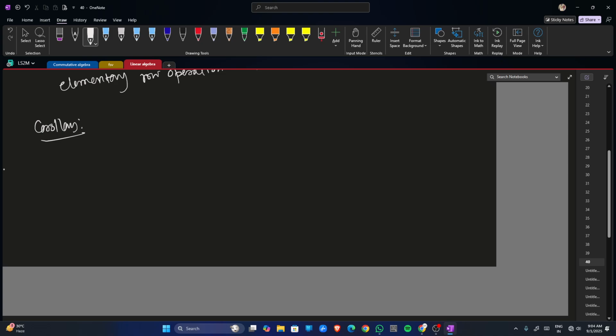Corollary. Let A and B be M cross N matrices over a field.